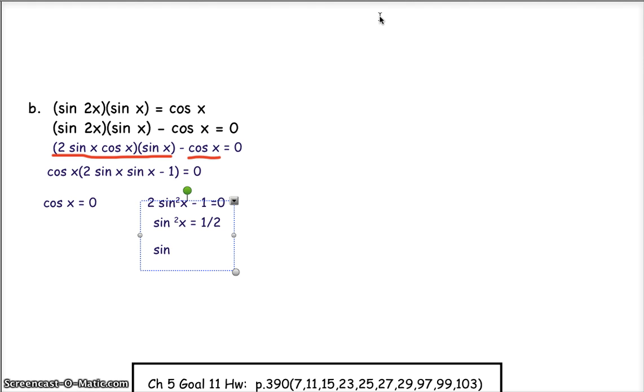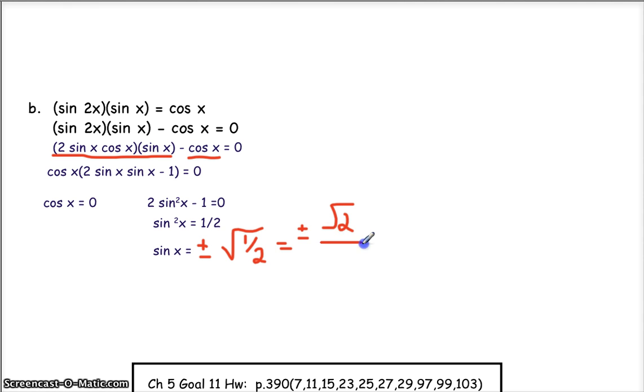And that would give us sine x is equal to plus or minus the square root of 1/2. Now when you rationalize that, that gives you plus or minus the square root of 2 over 2. I'm trying to write with my mouse, which is really hard.